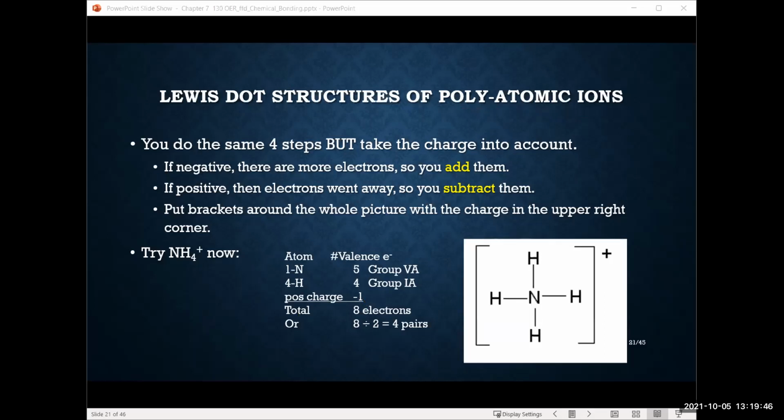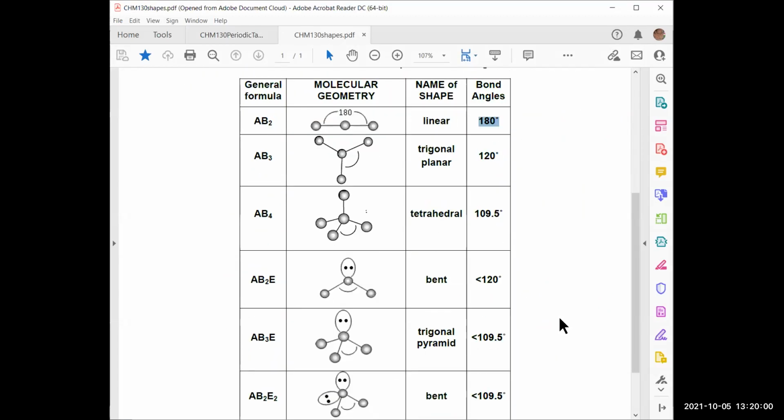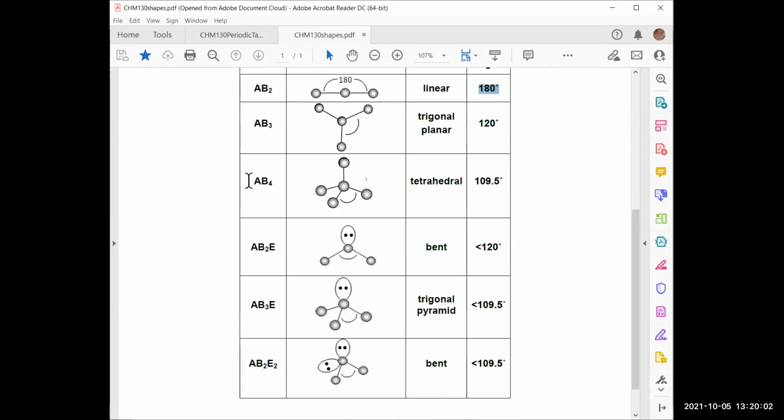AB4 meaning that then we go to the shapes table. Shapes table, AB4 right there. So the ammonium ion would have a tetrahedral shape and a bond angle of 109.5.